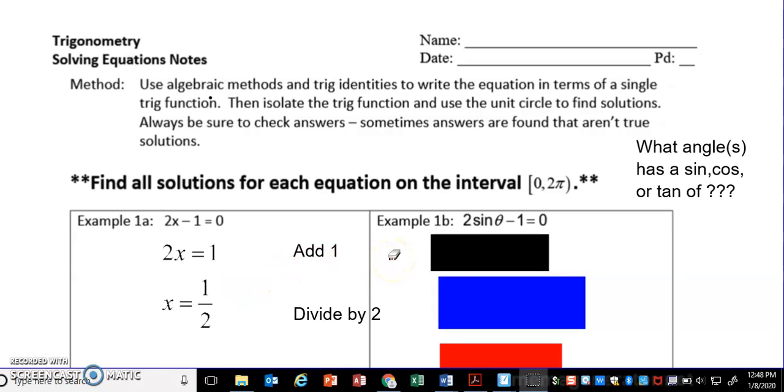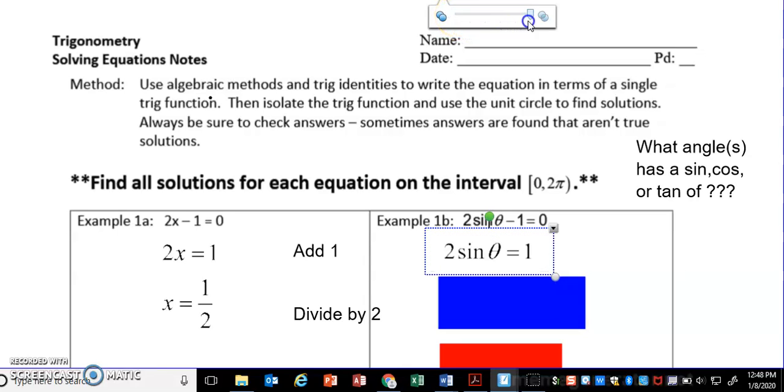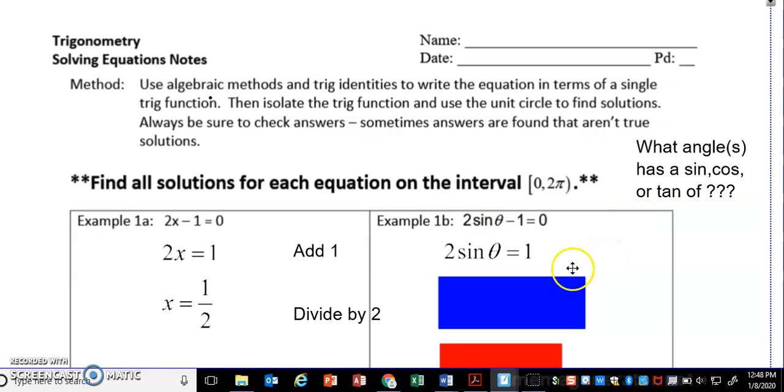Now, example 1b, we're going to follow the exact same steps, except we're going to be replacing x with just the sine of theta. So our first step is still going to be to simply add 1. Next, we're still going to divide by 2.